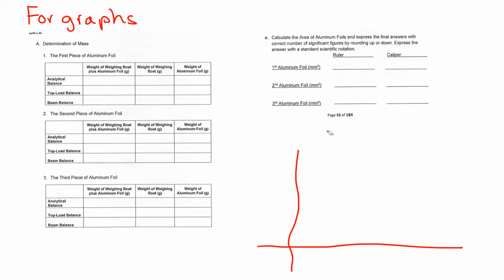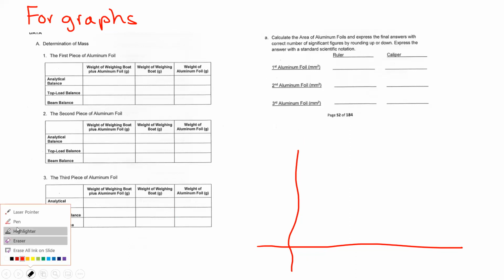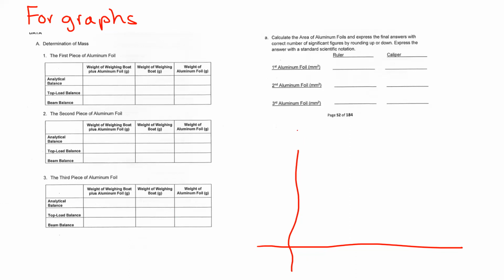So the graph should be, for example, ruler versus, say, analytical balance.